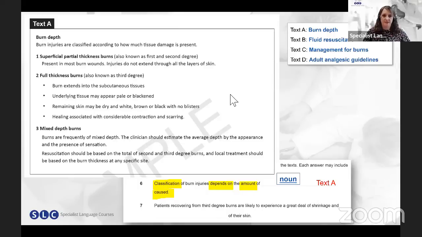So I'm going to give you a few moments, and I'd like you to scan the text and find the answer. Please, can you pop it into the comments box? I'll give you a few moments to scan the text and see if you can find the missing information here.